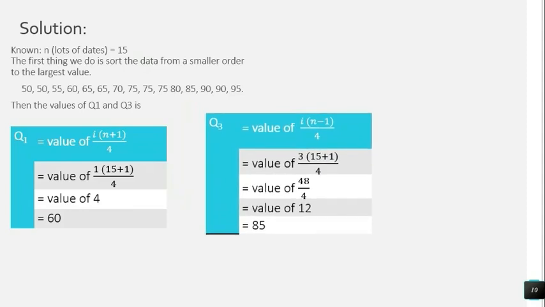Q3 equals the value at position 3 times (n plus 1) divided by 4, equals the value at 3 times 16 divided by 4, equals the value at 12, which equals 18.5.